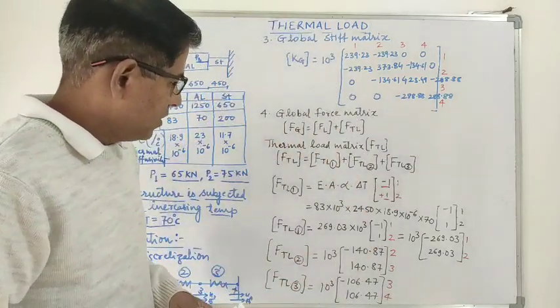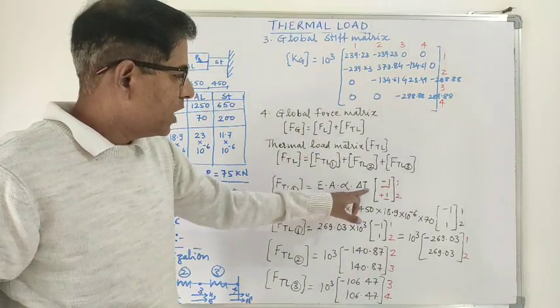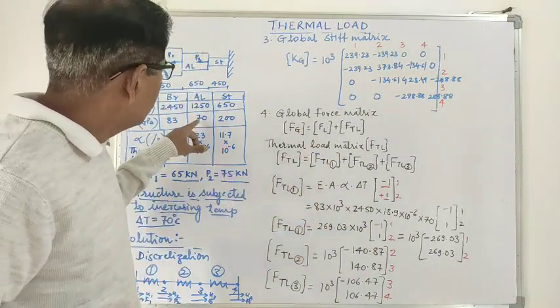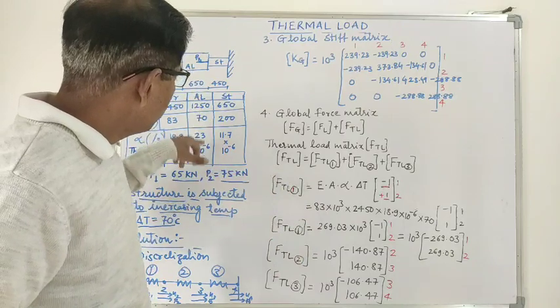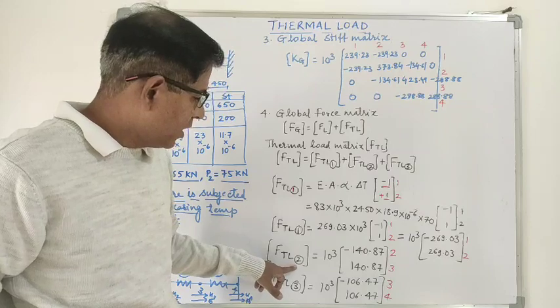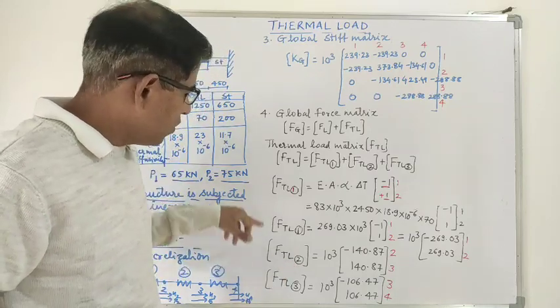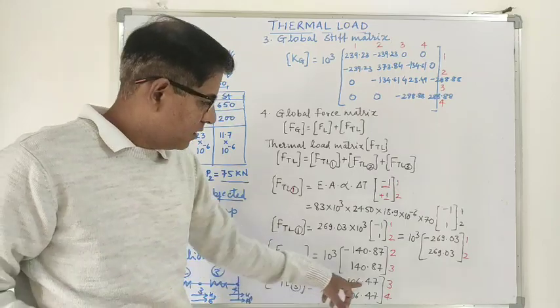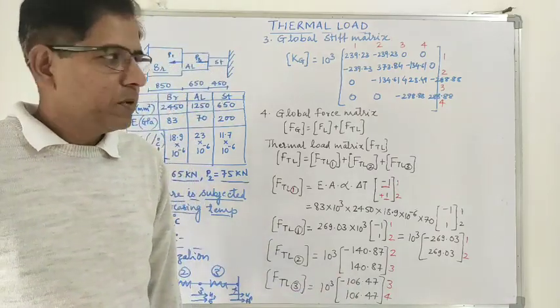So same way, EA alpha into delta T. You put the values of aluminium, you get the thermal load matrix for element number 2, and put the values of steel member, you will get the thermal load matrix of element number 3.